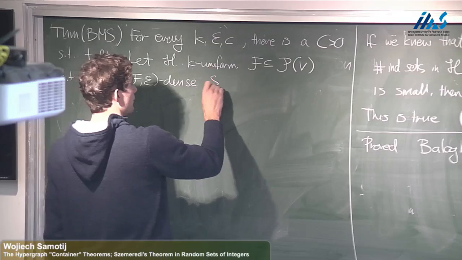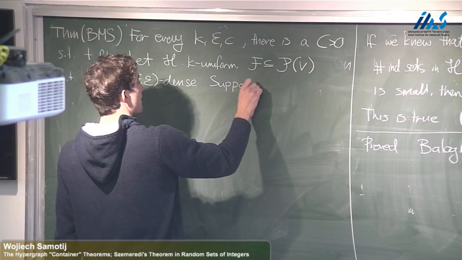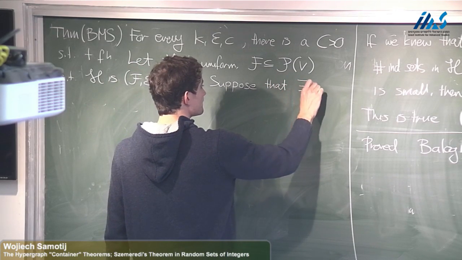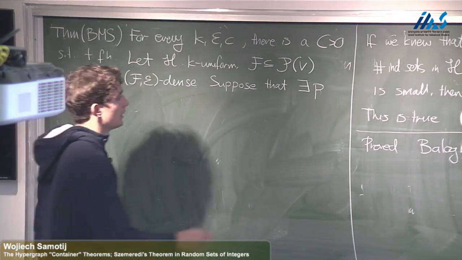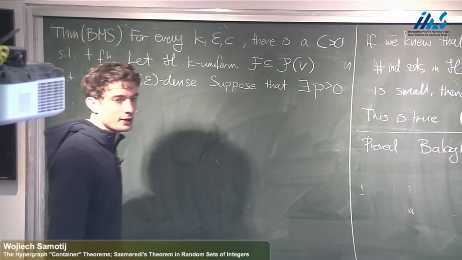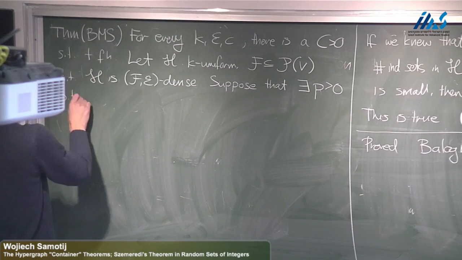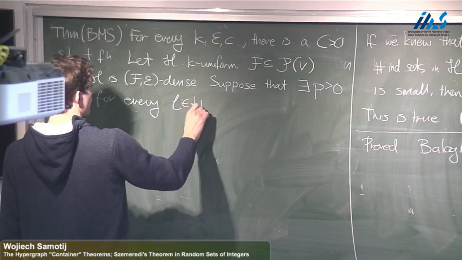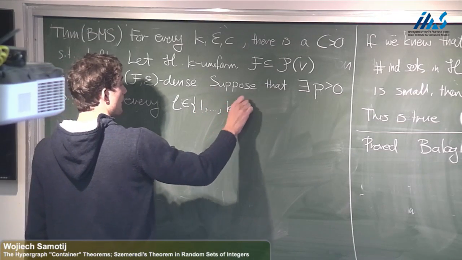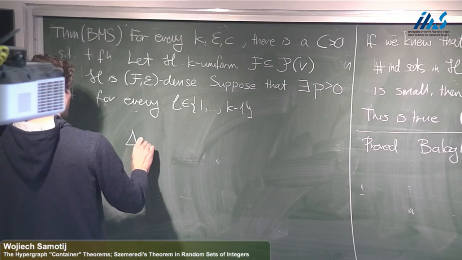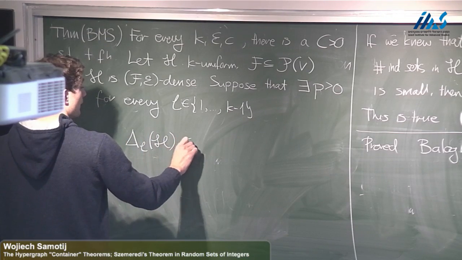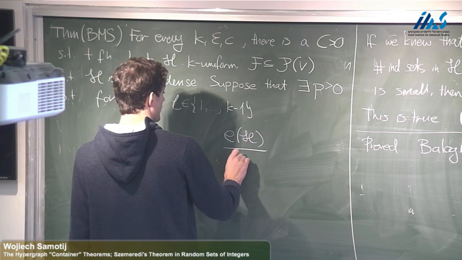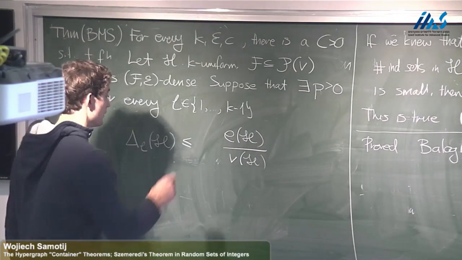Now we suppose that there exists some p, a real number p, such that for every L from 1 to k minus 1, the L-th maximum degree of H is bounded by C times p to the L minus 1 times the average degree.